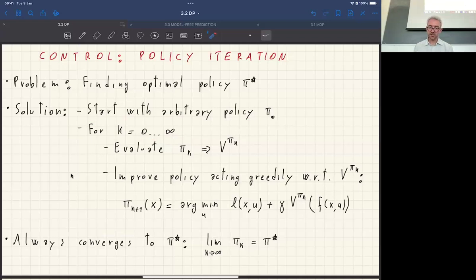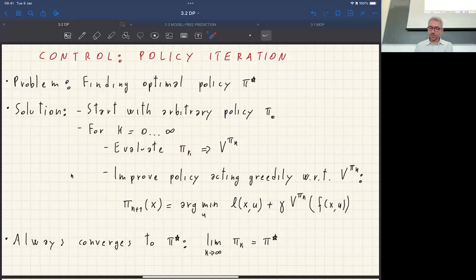And at each iteration, you have a two-step process. The first step is evaluate the policy. So compute the value function corresponding to your current policy. And we have just seen how to do that because that's the policy evaluation algorithm we have just described. So this step here corresponds to using the algorithm we have described in the previous slide to get the value.